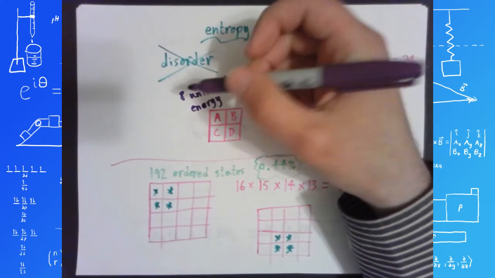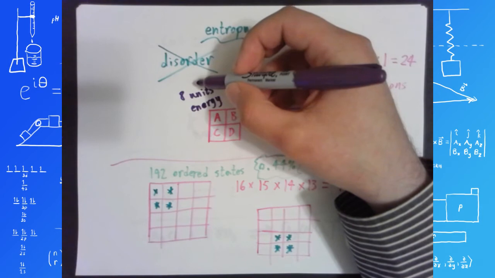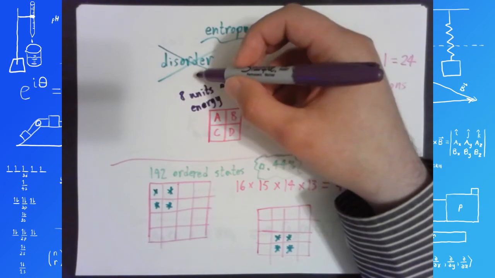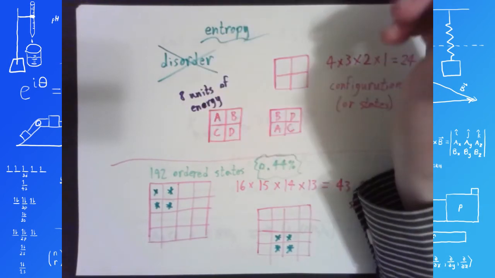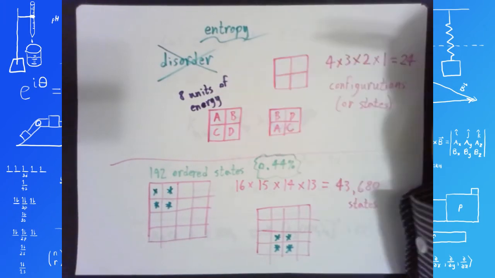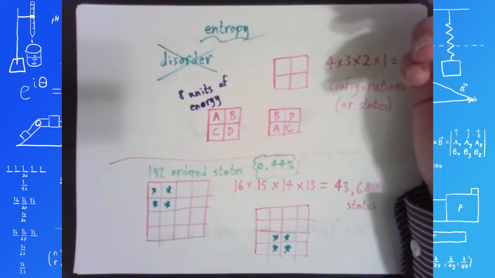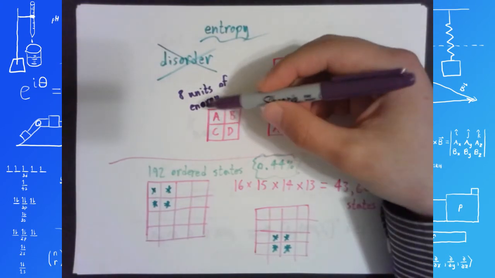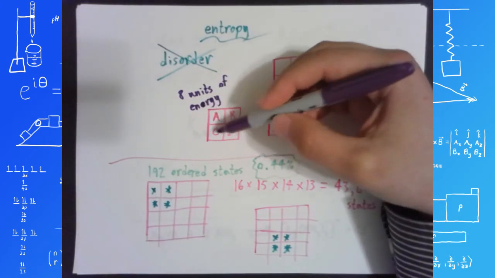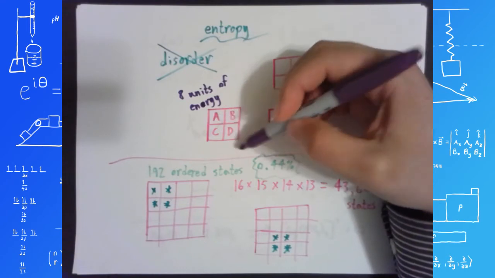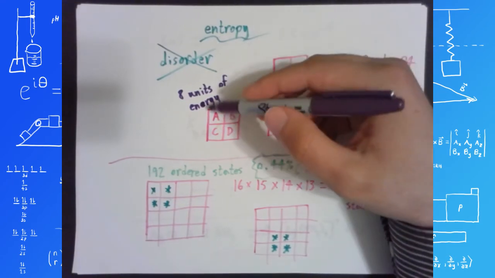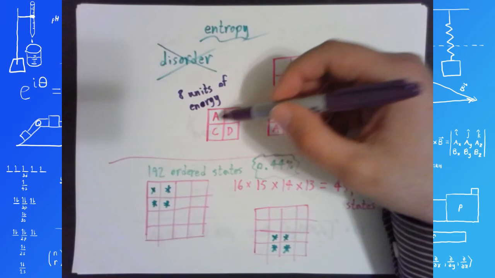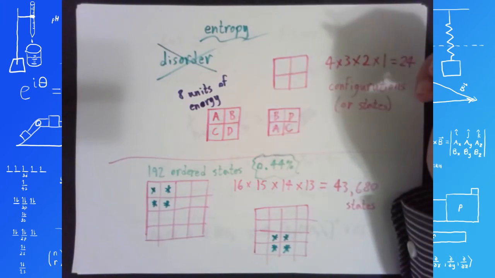It's all or nothing. Either you have the unit or you don't. It's the whole unit or no units at all. If you have 8 units of energy, then what you're most likely to see is each particle ending up with 2 out of 8 units. There's 4 particles. Getting 2 units each is the most probable outcome.